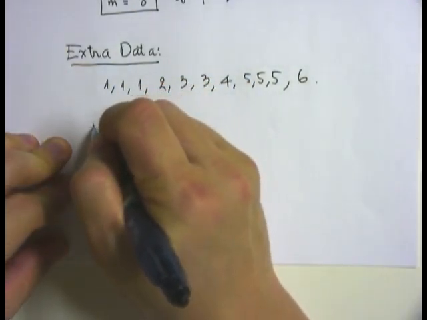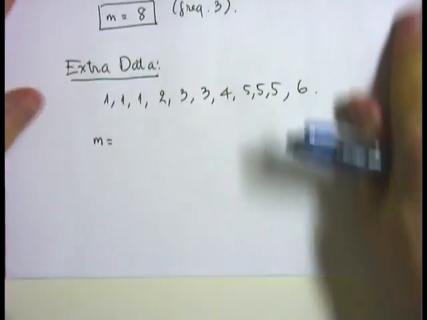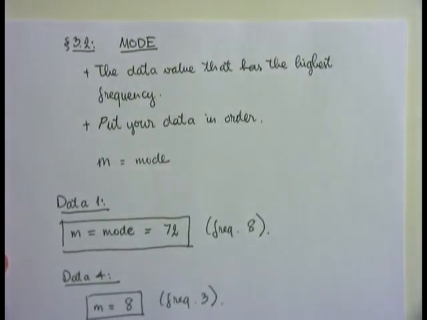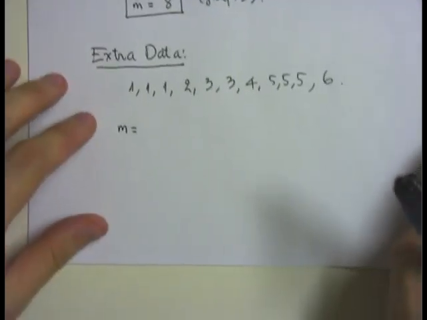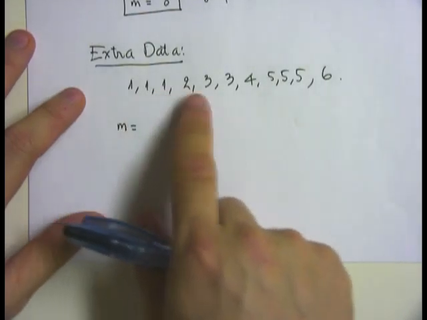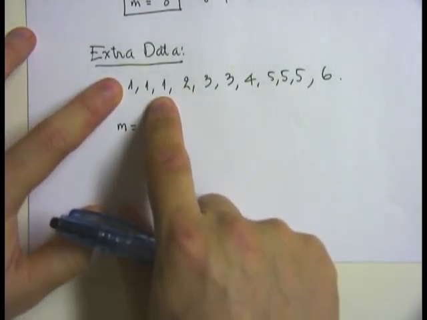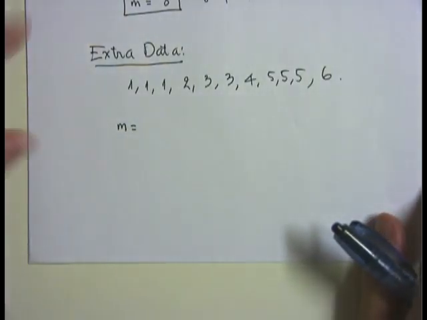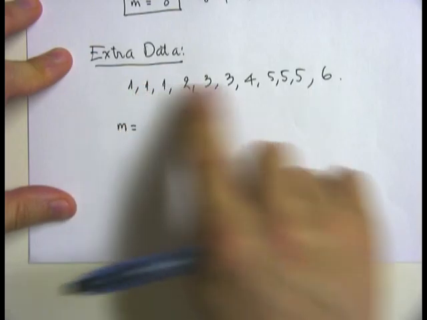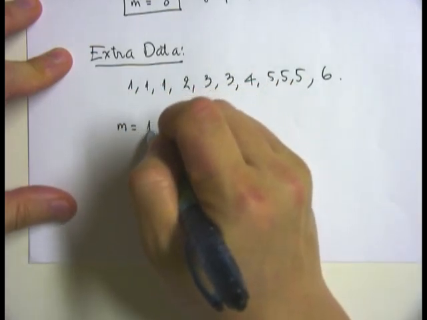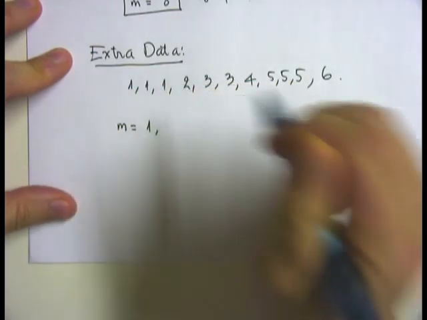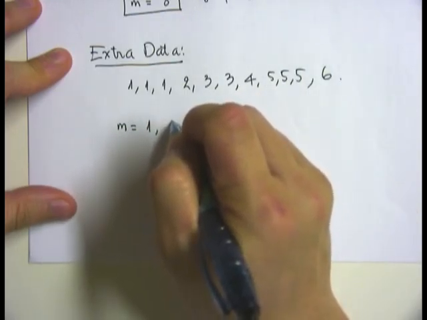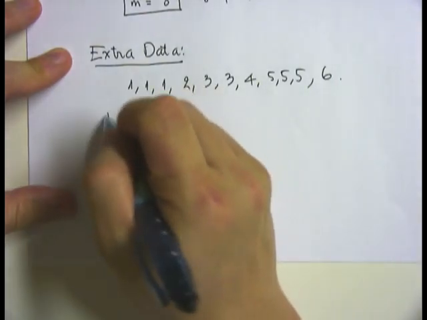The mode, as it's defined, is the data value that has the highest frequency. But in this case, both data value 1 and data value 5 have the highest frequency, 3. So in that case, we have to list them all. We have to list the two values that have the highest frequency. So here my mode would be 1 and 5. Make sure you list all of them.